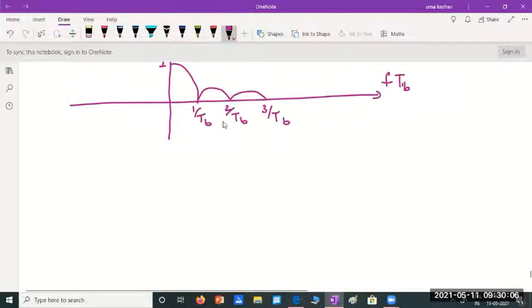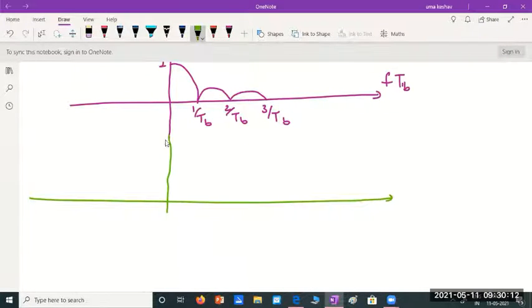Next, I'll try to plot the summation which we have using that Poisson's relation, delta F minus m by TB. What is the value of this summation? So here, if I have to consider m ranging from minus infinity to plus infinity.